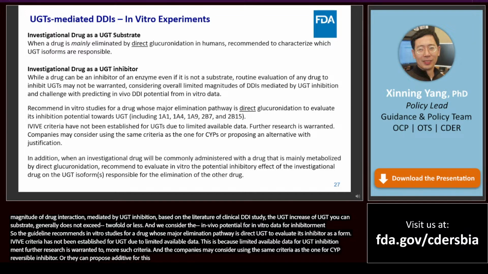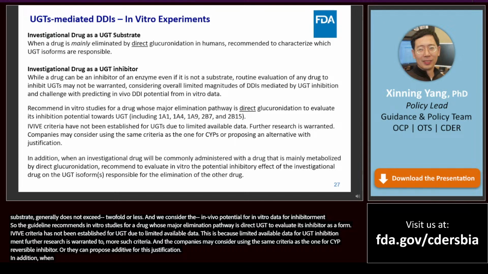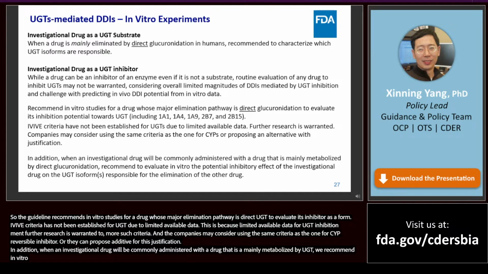In addition, when an investigational drug will be commonly administered with a drug that is mainly metabolized by direct glucuronidation, we recommend an in vitro experiment to evaluate the inhibition effect of the investigational drug on the UGT isoform mainly responsible for the elimination of the other drug.